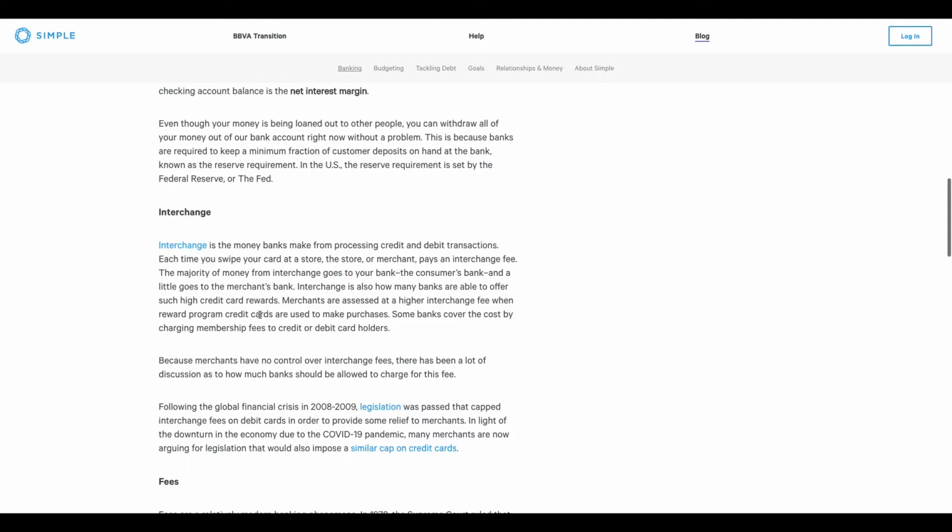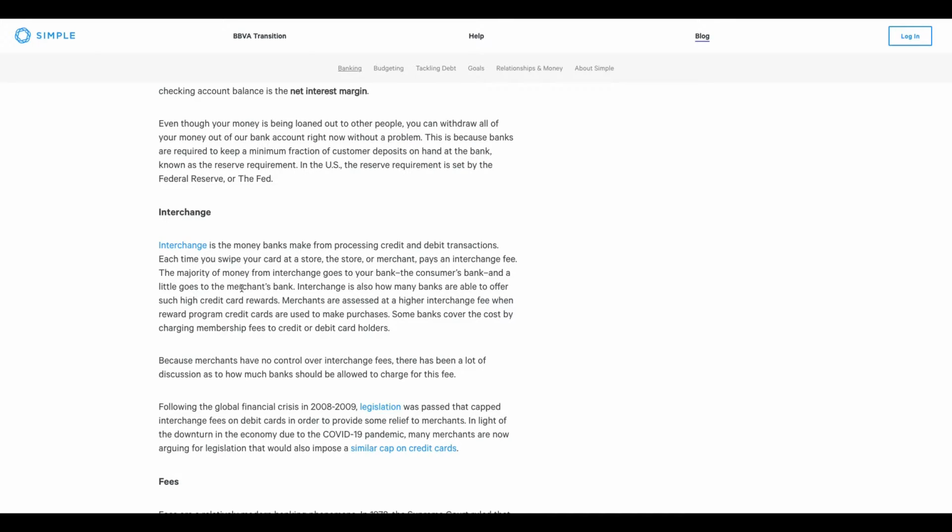The second way is through interchange. Basically, you use that bank's card, you go to a store, restaurant, anything like that, and through that you pay a fee, the interchange fee.